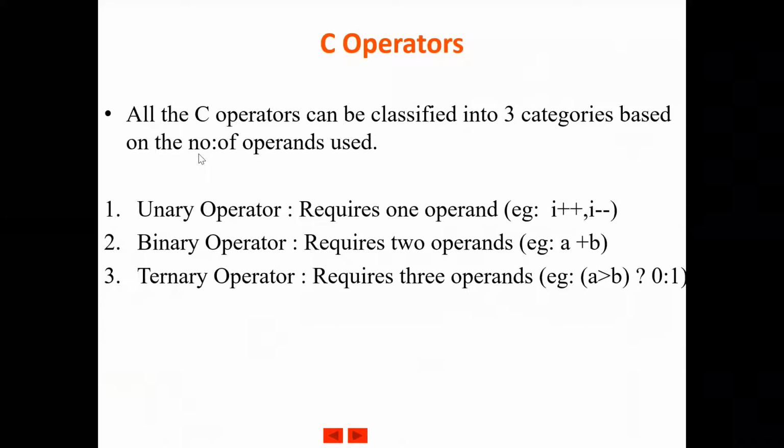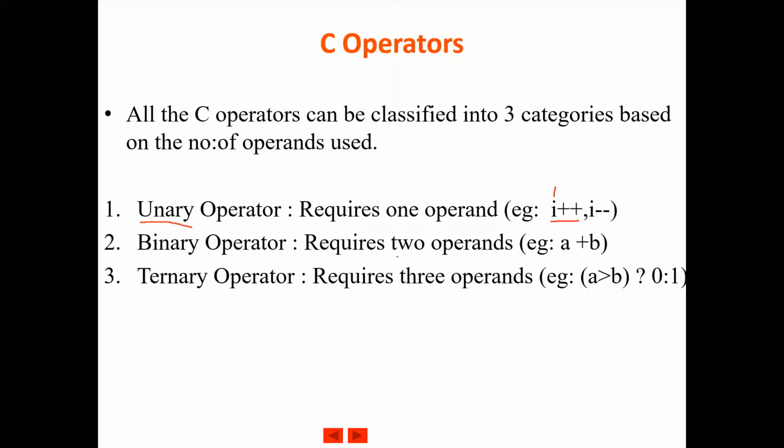Plus plus is the operator, ma'am. i is the operand, ma'am. Good. Here we use only one operand and one operator, so that type of operator is called a unary operator.